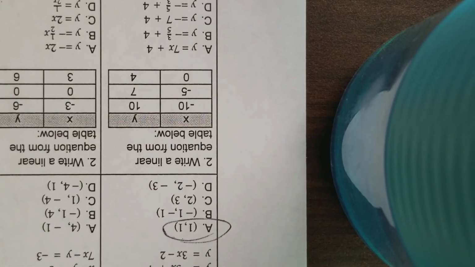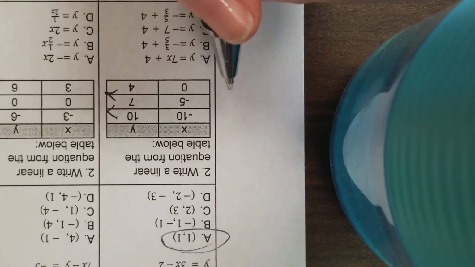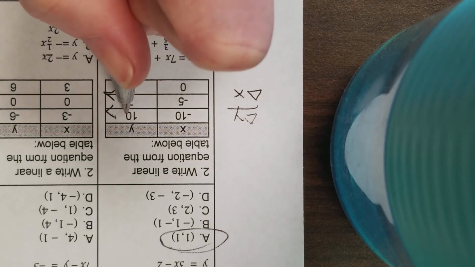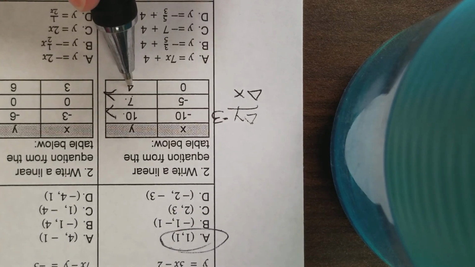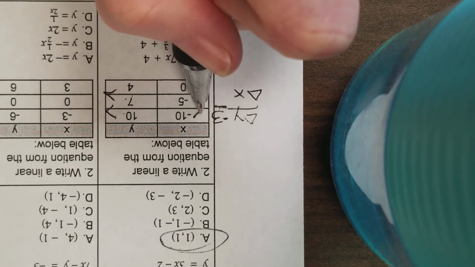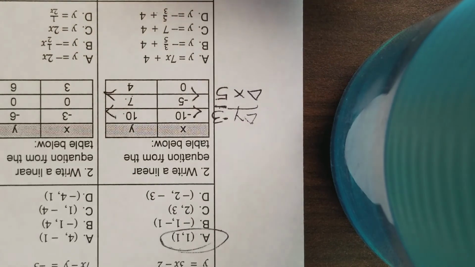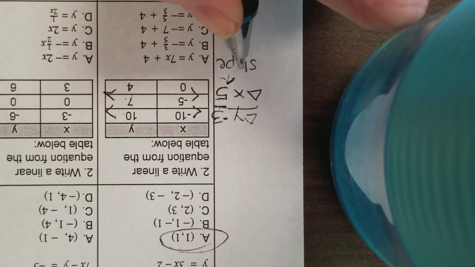Now, the next one. If I look at this, I'm looking at my change in y divided by, remember, our change in x. So from 10 to 7 is negative 3. 7 to 4 is negative 3. Negative 10 to negative 5, negative 5 to 0 is 5. This, remember, is my slope.